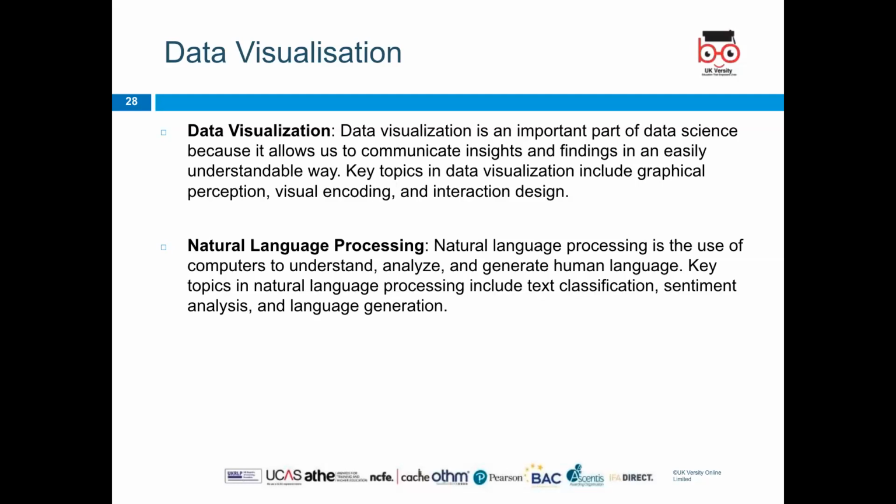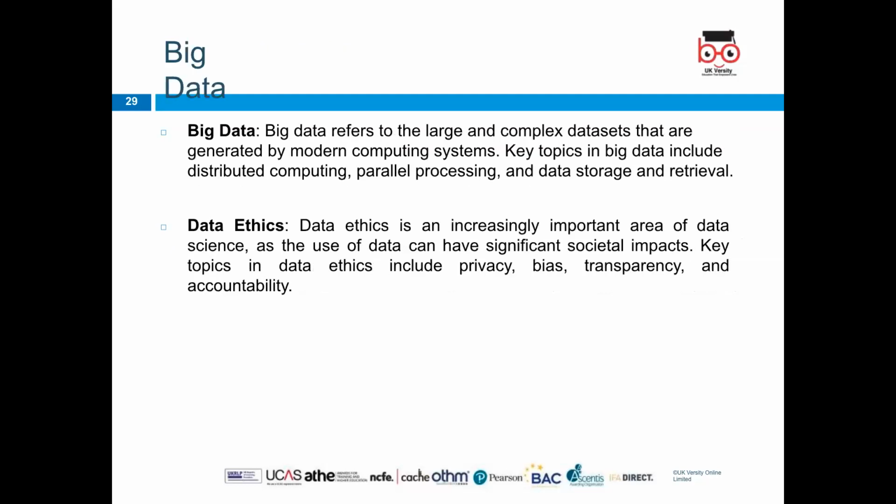We also have natural language processing. Natural language processing is the use of computers to understand, analyze, and generate human language. Key topics in natural language processing include text classification, sentiment analysis, and language generation. Big data. Big data refers to the large and complex data sets that are generated by modern computing systems.